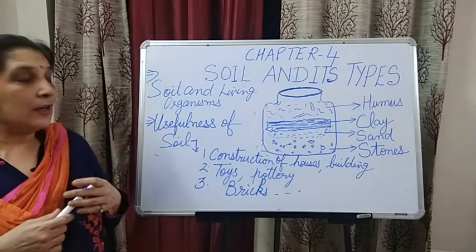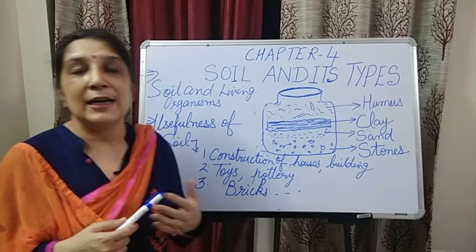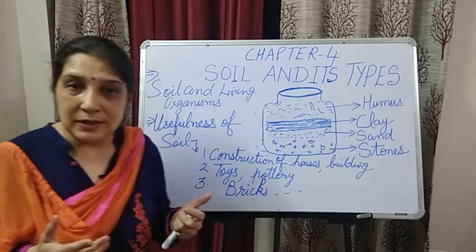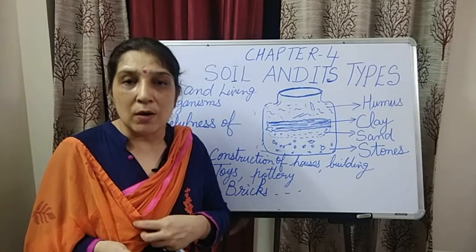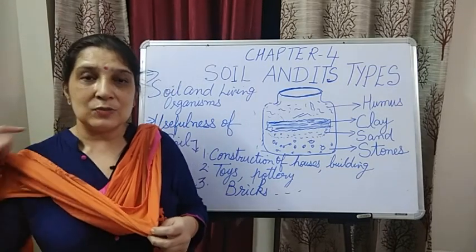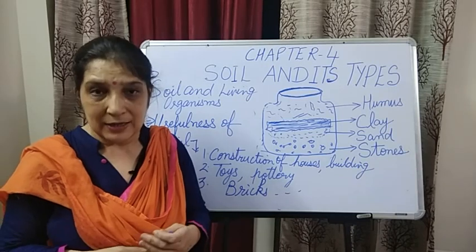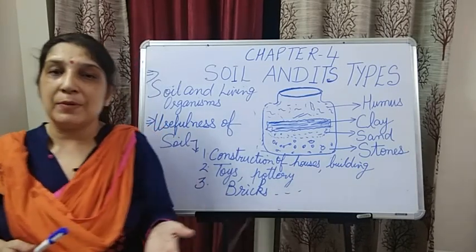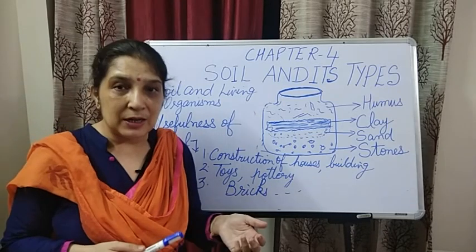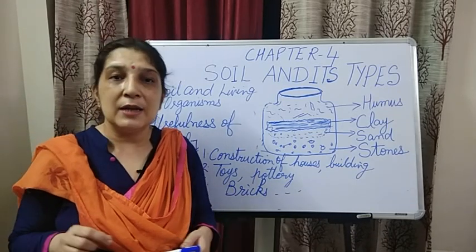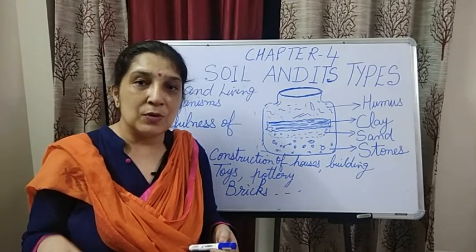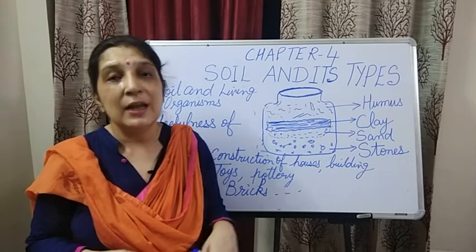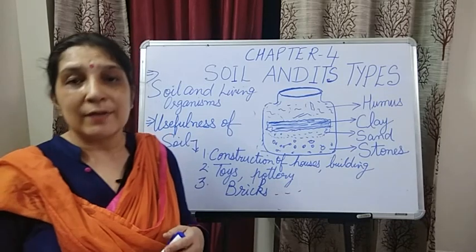The next thing we discussed was soil and living organisms. Organisms are living creatures, like worms and ants, small insects that live in the soil. So soil is home for many animals, like rabbit and mouse. They dig burrows for the protection of themselves and their young ones, and they store food also.